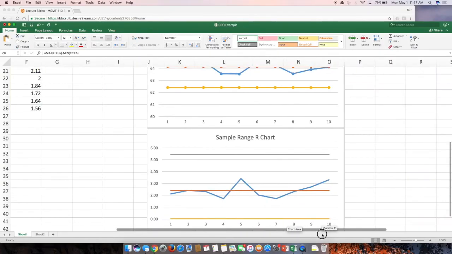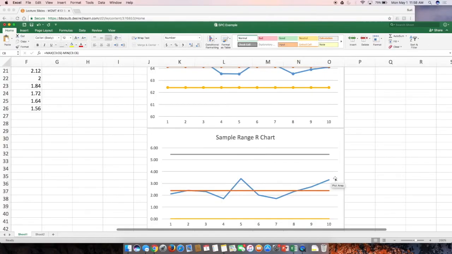And do you see a trend? 1, 2, 3, 4. But really, increasing starts from here. 1, 2, and 3. Only 3 successive points that are increasing. Okay? Everybody see? Again, I don't see any reason here to say that this process is out of control. Do you see any cyclicality that I don't see? Anybody see a cyclicality here? Systematic cyclicality, ups and downs.